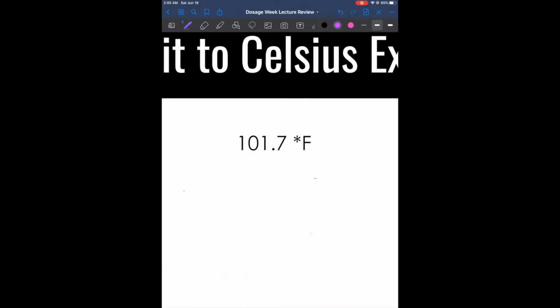So another example is Fahrenheit minus 32 divided by 1.8.